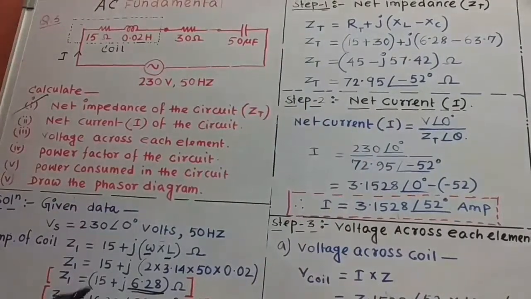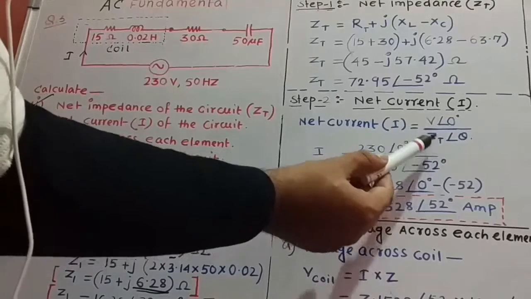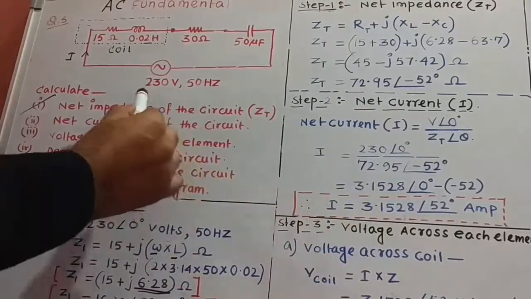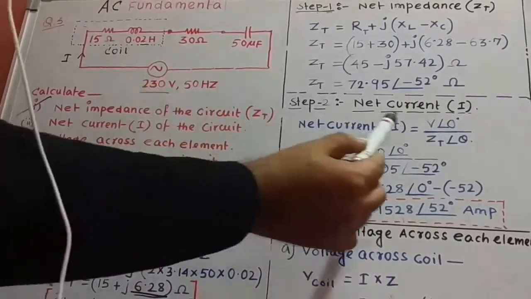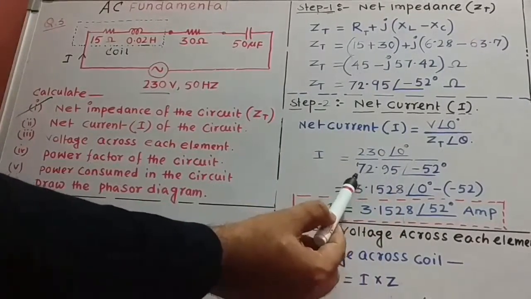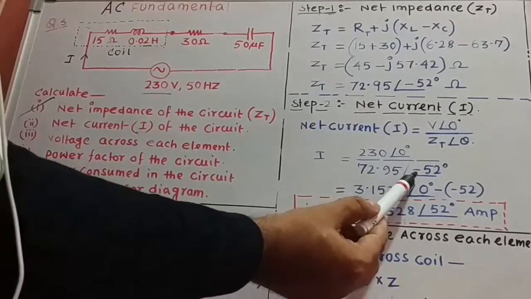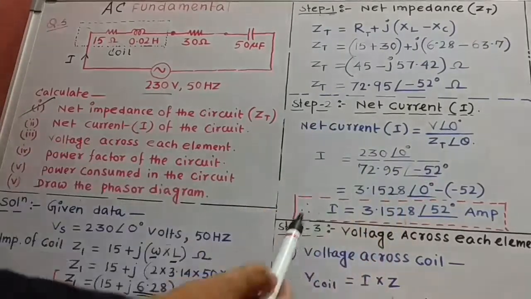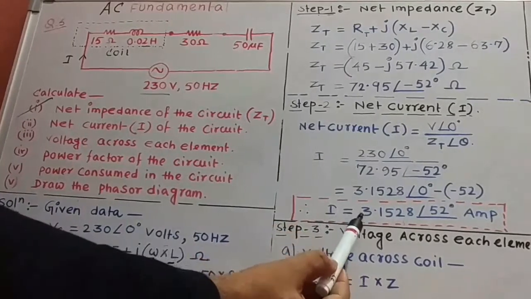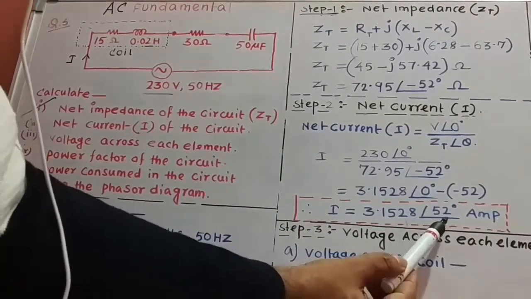We know that current is equal to voltage by impedance. So voltage is given 230 angle 0, divided by ZT, we already calculated here 72.95 angle minus 52 degree. So if you calculate, you will get 3.1528 angle 52 degree ampere.